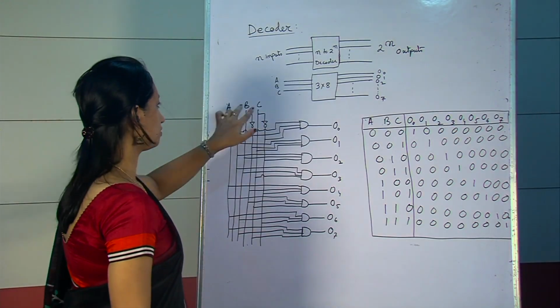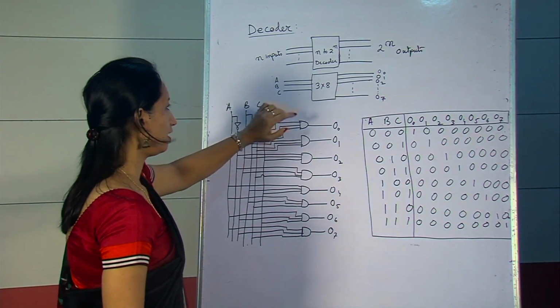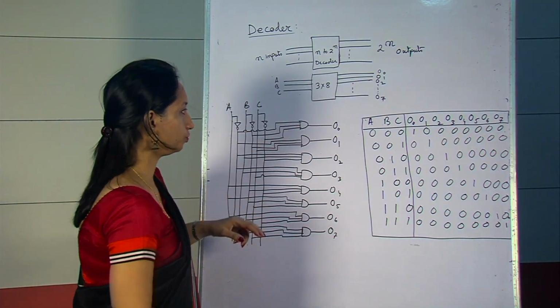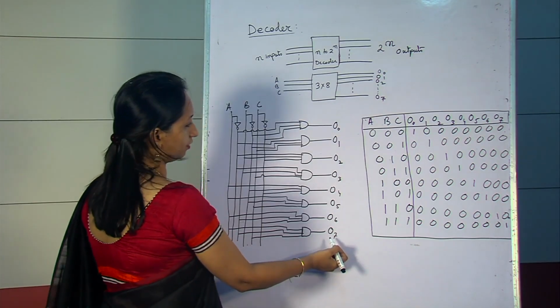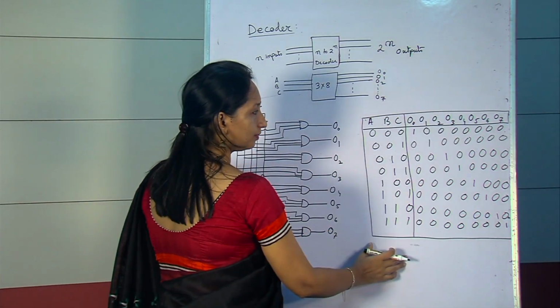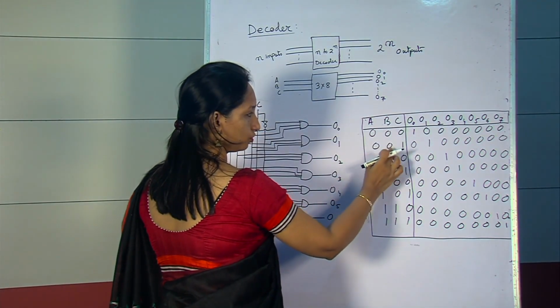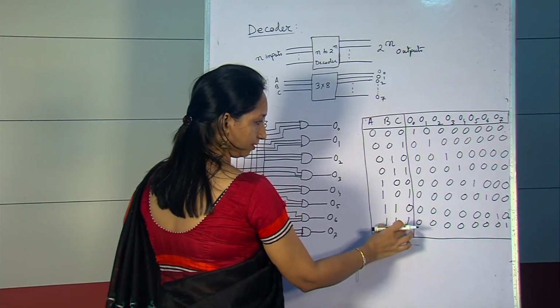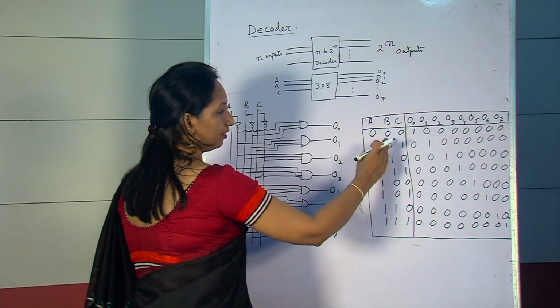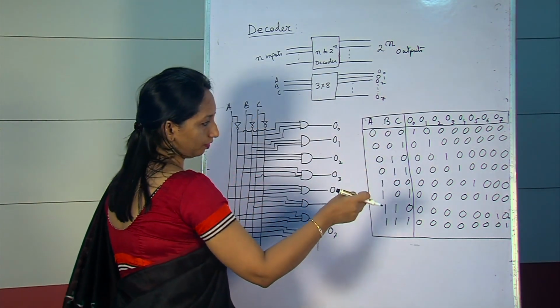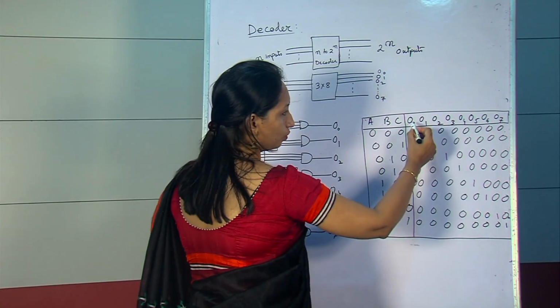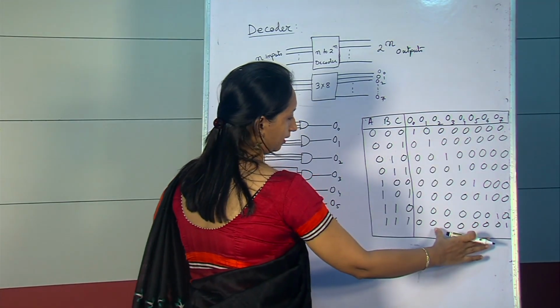So 3 means 3 inputs A, B, C, and 8 means 8 decoded outputs, O0 to O7. First you draw the truth table using these combinations 0, 0, 0, 0, 0, 1, and so on. All these 8 combinations are there, and the 8 outputs O0 to O7 are given here.